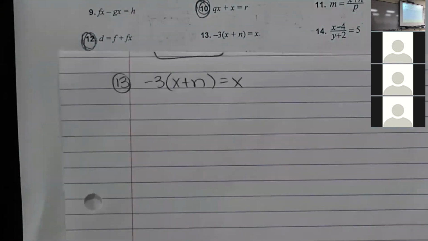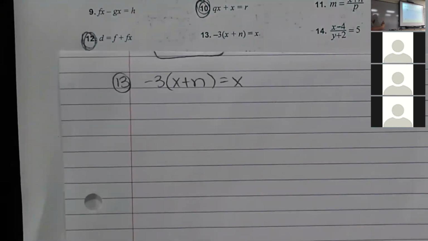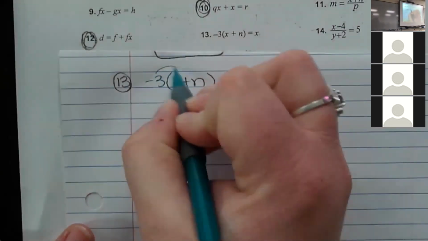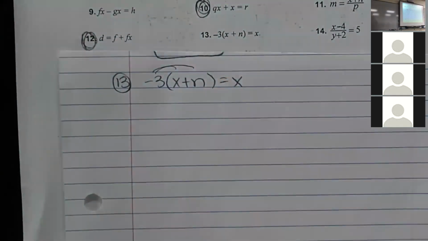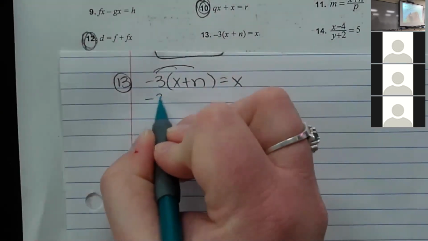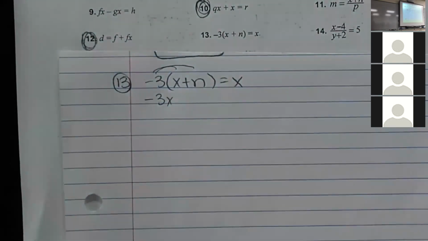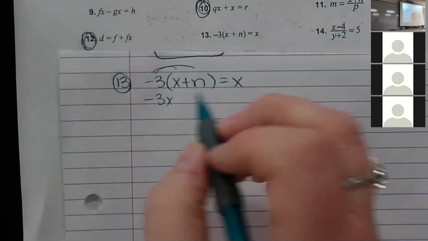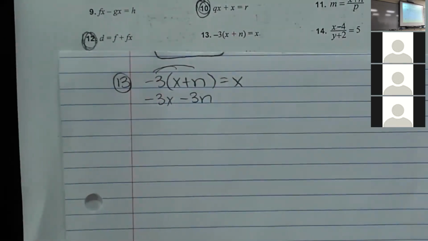There's more than one x again. That means I need to get them all over to one side. But in order to do that, what do you think I should do first? Distribute. Let's distribute it. Negative 3 times x is negative 3x. Negative 3 times n, negative 3n, right?